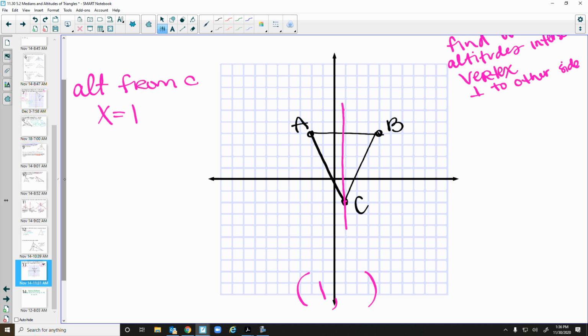To get the other one, pick one. B. Okay, so altitude from B. That means we need it to be perpendicular to AC. So what's the slope of AC?